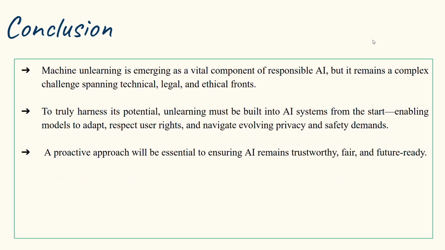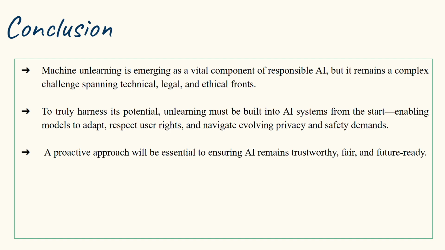In conclusion, machine unlearning poses a range of challenges that extend across technical, legal, and ethical domains. While it holds promise as a tool for responsible AI deployment, the complexities of implementing effective unlearning, coupled with uncertain legal frameworks and the ethical implications of such a process, make it an area requiring continued research.